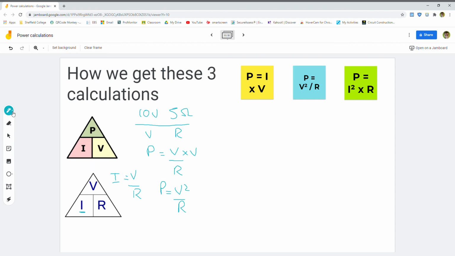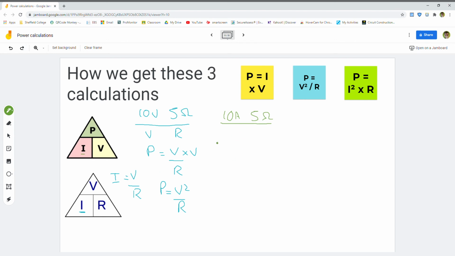So, on our next calculation we've been given current and resistance, so let's say 10 amps and 5 ohms, and we want to work out power. So we've been given current, but we've not been given voltage. So we want to work out voltage.